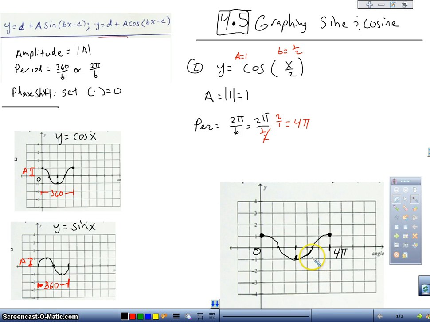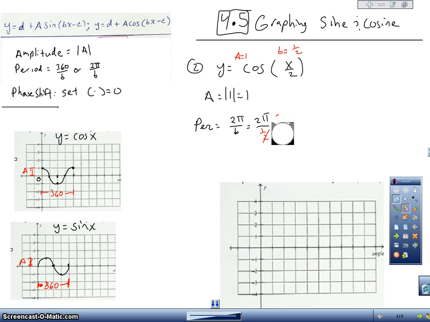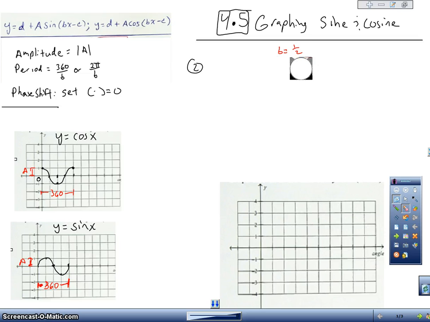And that is it. Okay, let me do one last example. So let me erase. And let's do example number 3.